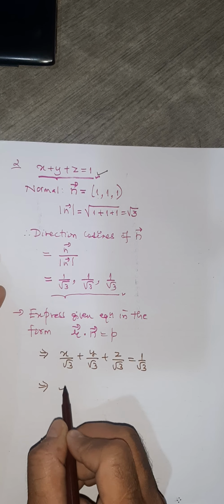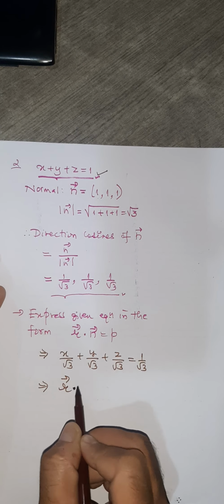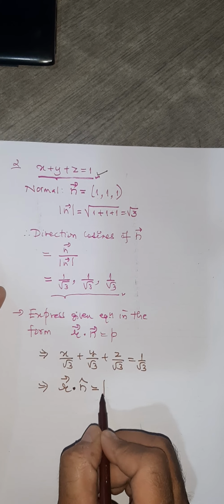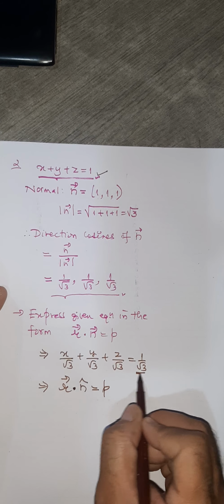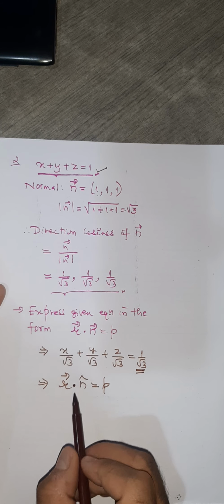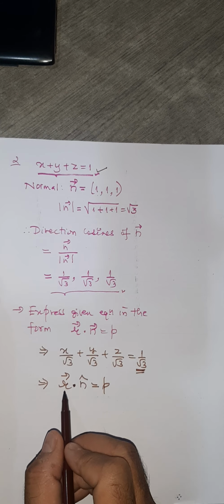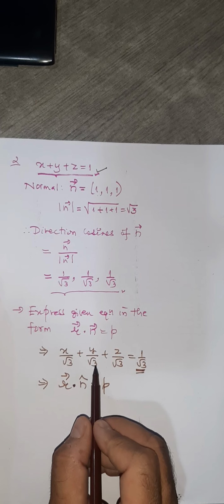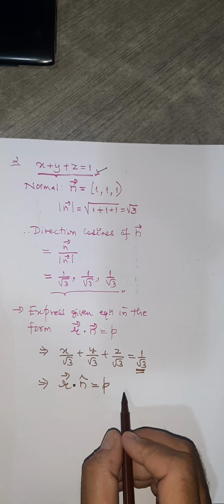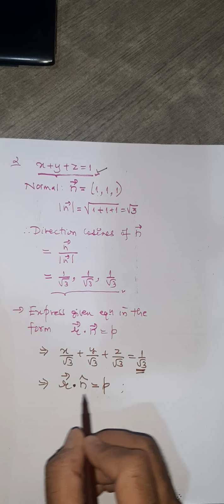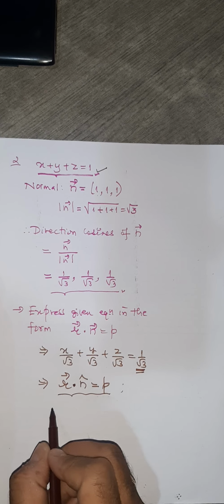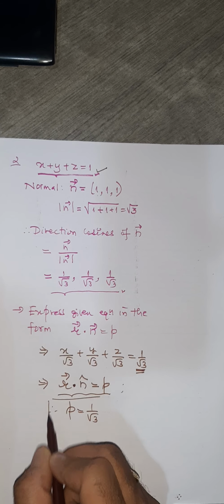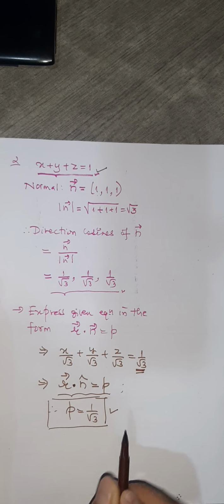So I can rewrite it now as vector r dot n cap equals to small p, where vector r is always x, y, z, and n cap is 1 by root 3, 1 by root 3, 1 by root 3. This is just for your information. So here p is 1 by root 3, the perpendicular distance from the origin.